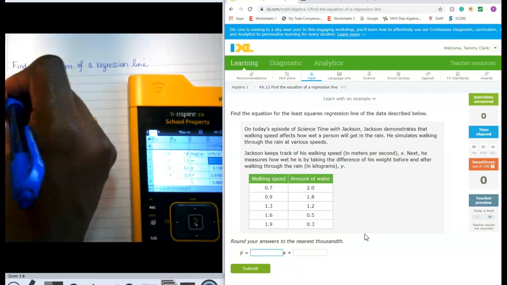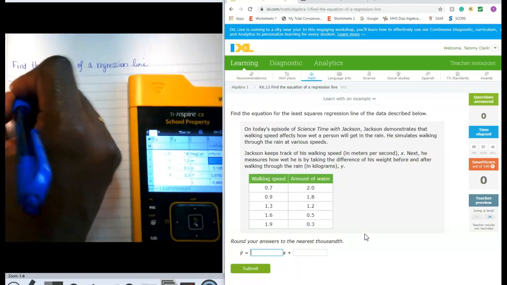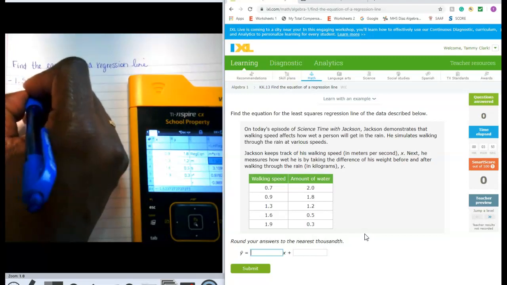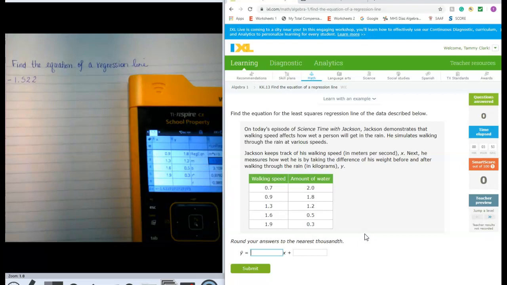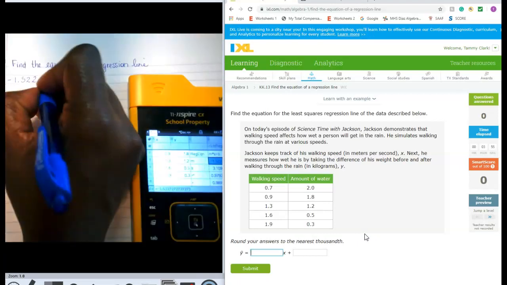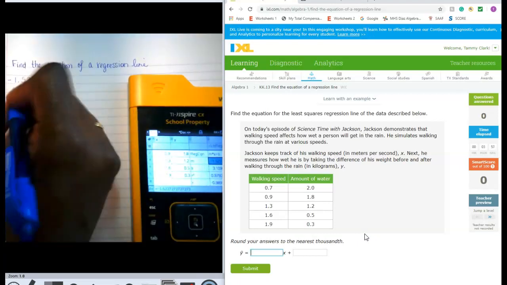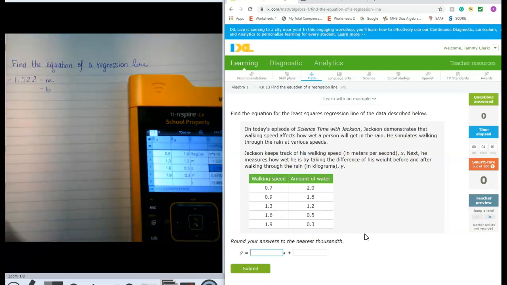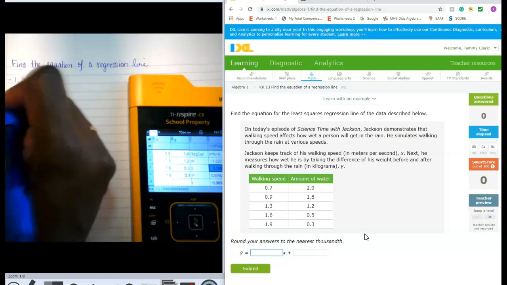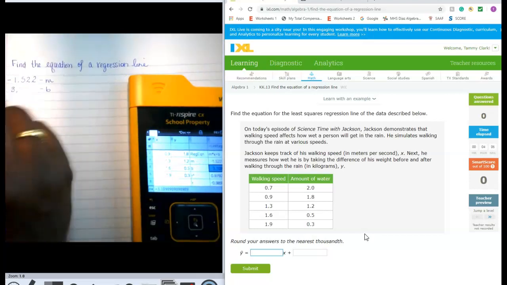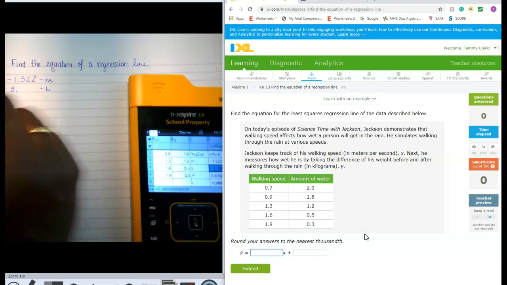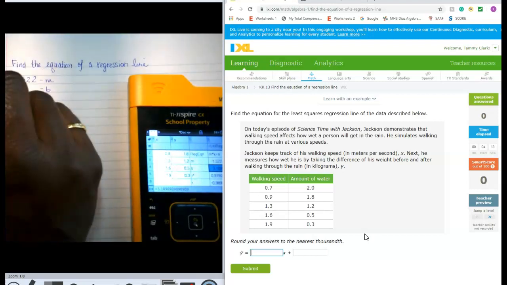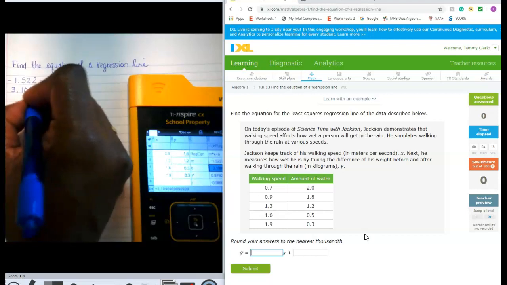So in this question, again, kind of click on it and make sure that it wasn't already rounded. I've got negative 1.5222. And then, so this is my slope, and my y-intercept is 3.1090.